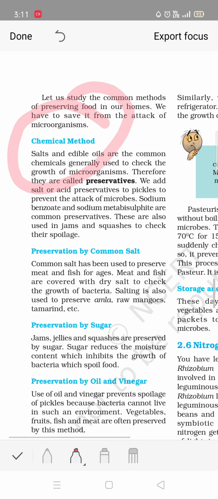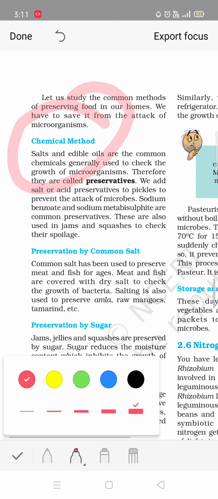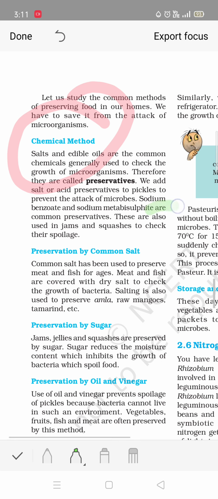We add salt and acid preservative to pickles to prevent the attack of microbes. Some examples are given here for the preservatives. Sodium benzoate and sodium metabisulfite are some common preservatives. These are also used in jams and squashes to check their spoilage.